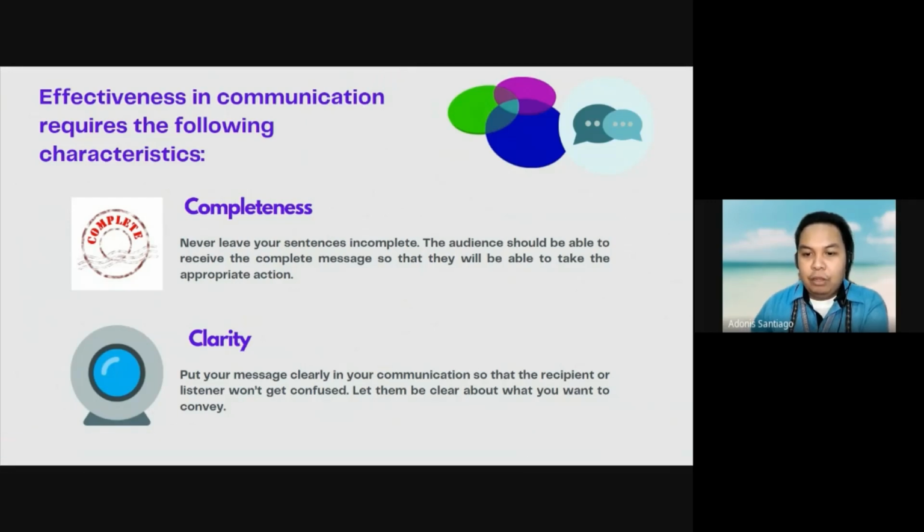Then, the audience should be able to receive the complete message so that they will be able to take appropriate action.